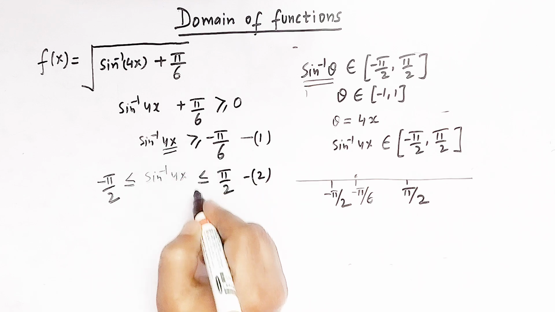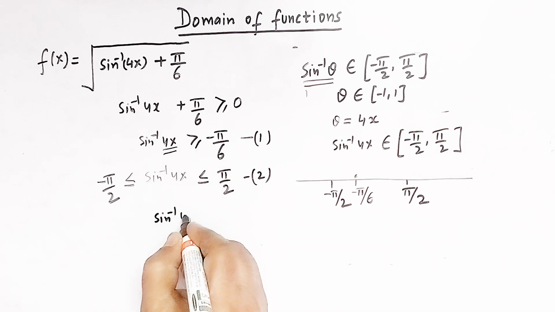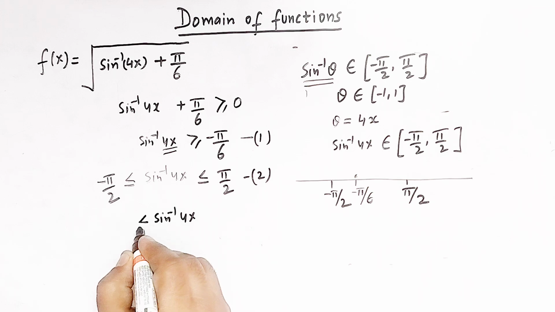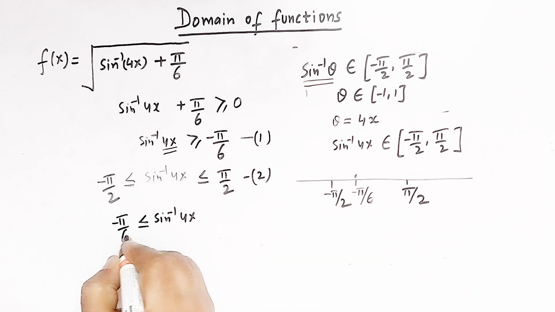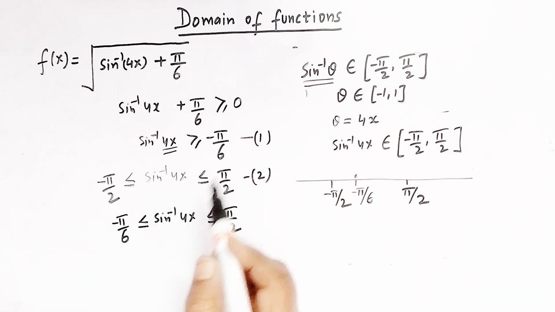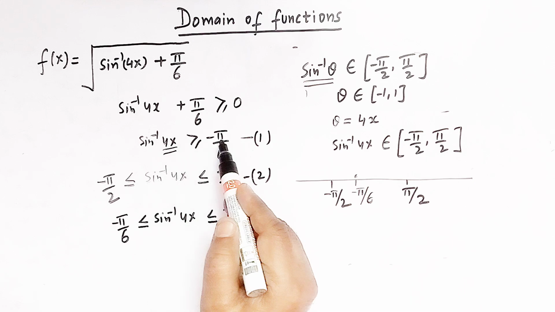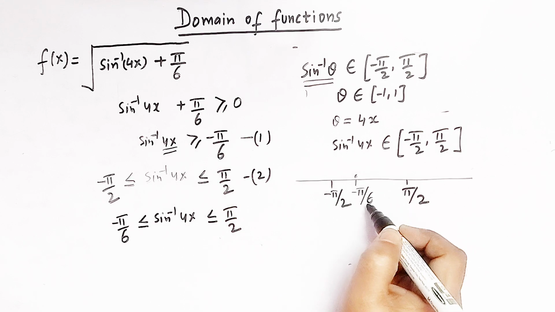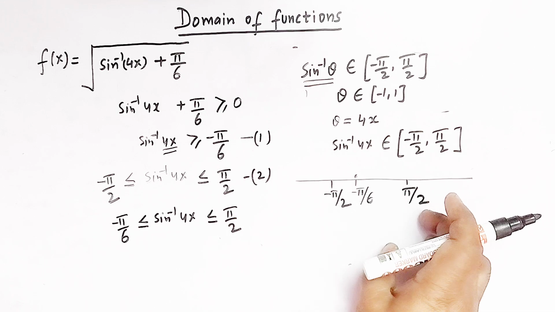If we merge these two inequalities, then sine inverse 4x should be greater than or equal to minus pi by 6, but less than or equal to pi by 2, because sine inverse 4x is greater than or equal to minus pi by 6, and minus pi by 6 lies between minus pi by 2 and pi by 2.